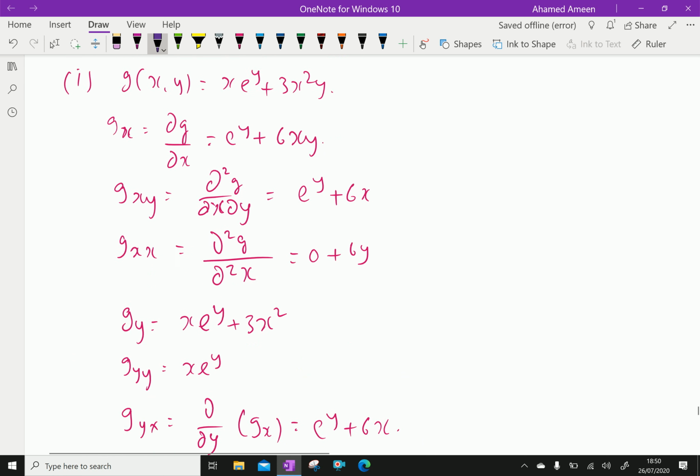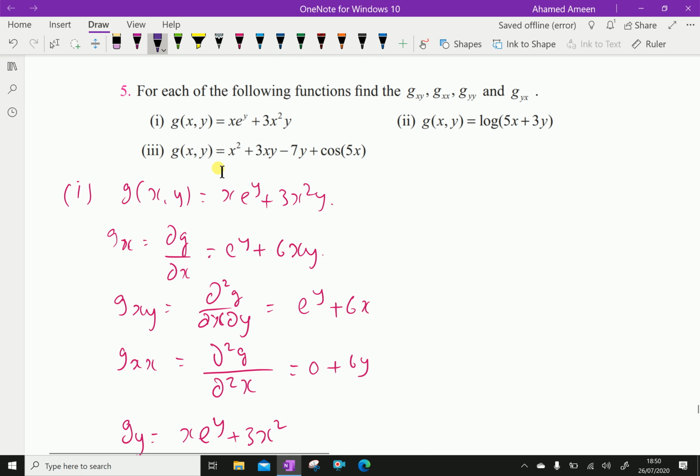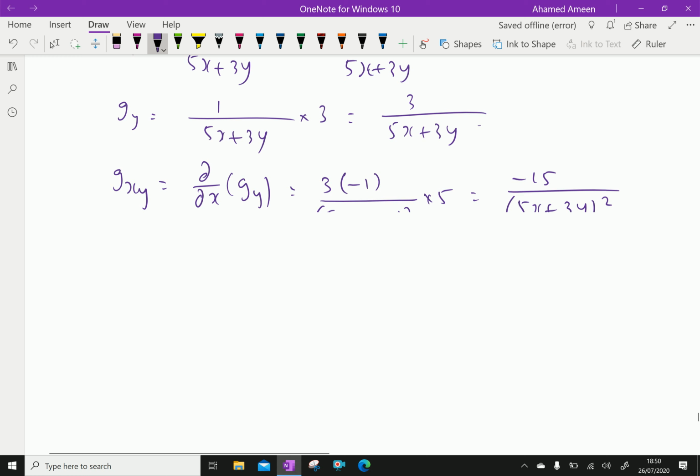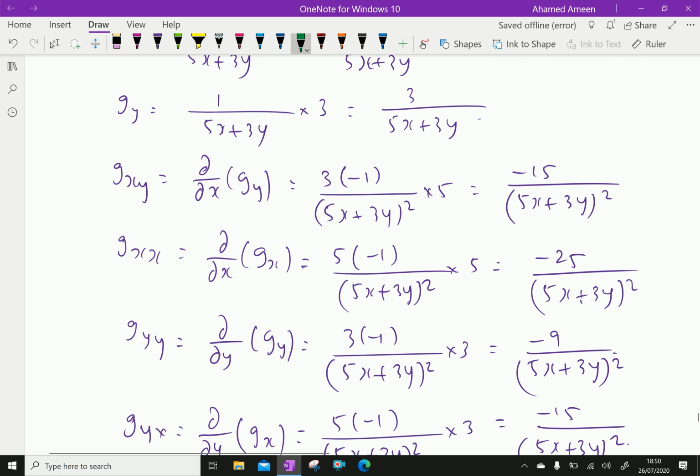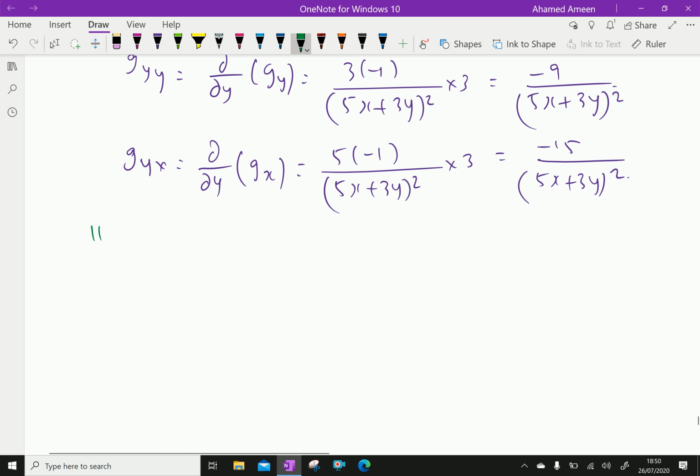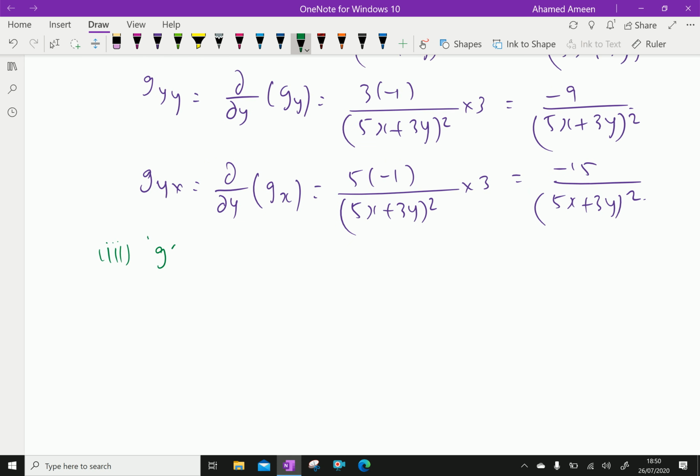Third question, g of xy. g of x comma y equal x square plus 3xy minus 7y plus cos 5x.